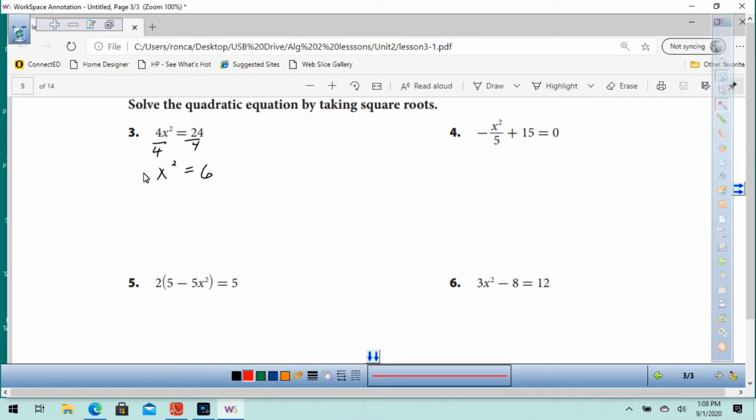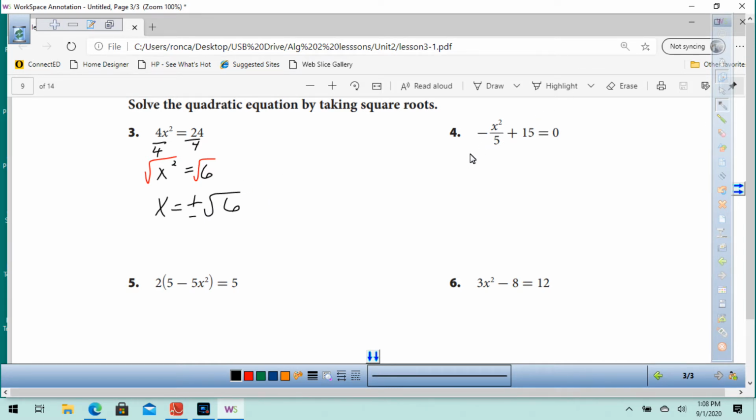Next, I take the square root of both sides, and I get x equals plus or minus the square root of 6. I guess you could put that in a calculator and you'd get 2 point something or another, but that would be an approximation and not the exact answer. This is the exact answer.